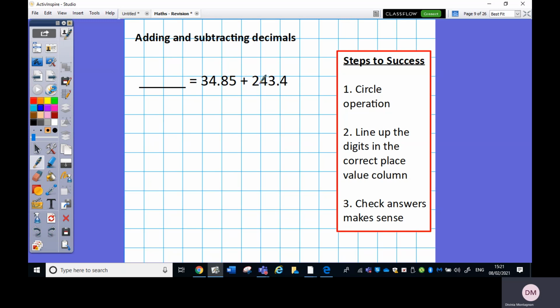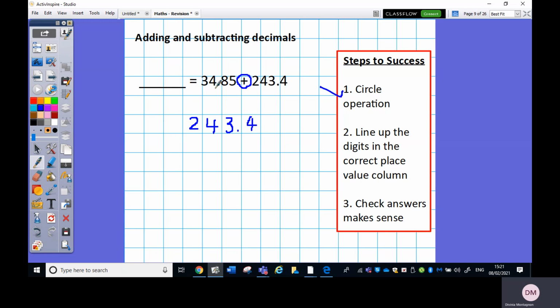34.85 plus 243.4. So what we need to do is circle the operation. And then we need to line the digits in the correct place value column. So again, I'm going to start with my greatest number, which is 243.4.